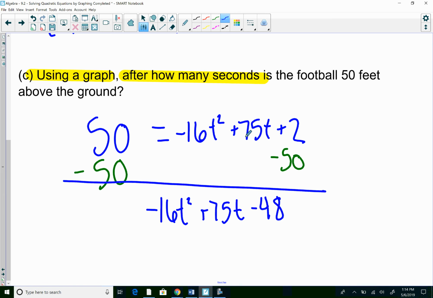Basically what happened here is they took the original graph, which went through 2, so it probably looks something like that.